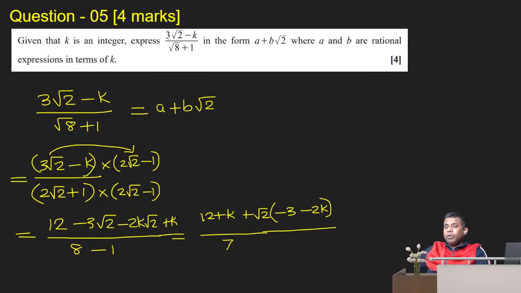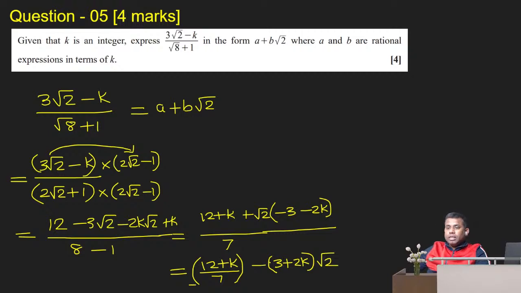Now I'm going to simplify further: 12 plus k divided by 7, and I take the minus out, minus (3 plus 2k) root 2 here.